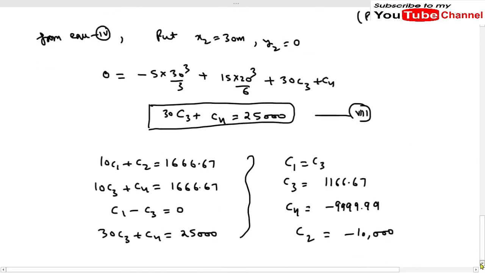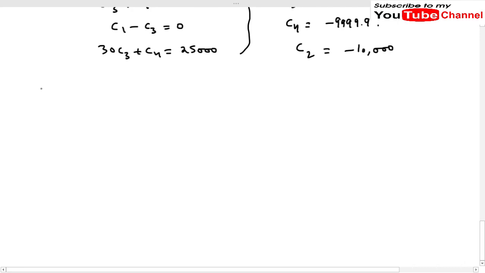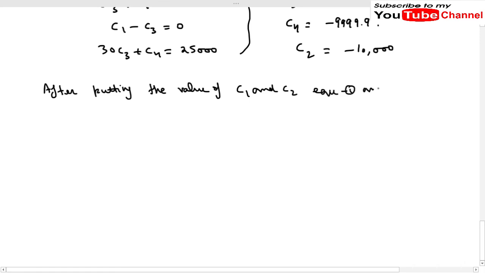So let us see what will be the value. First of all we should write the equation after putting the constants. After putting the values of C1 and C2, equations 1 and 2 become: EI dy by dx1 is equal to minus 5x1 square plus C1.